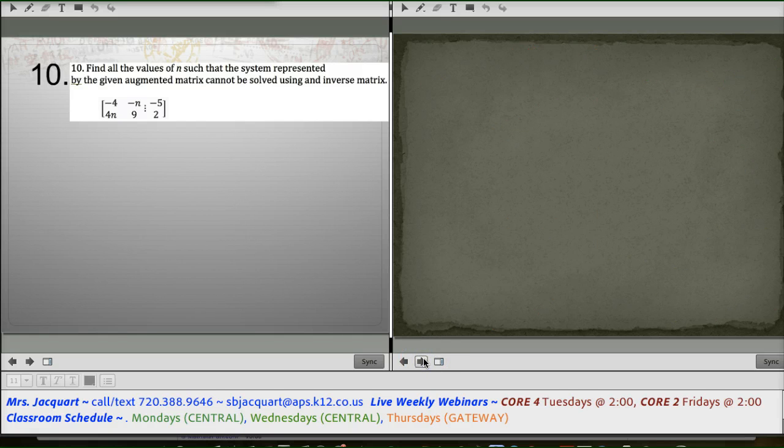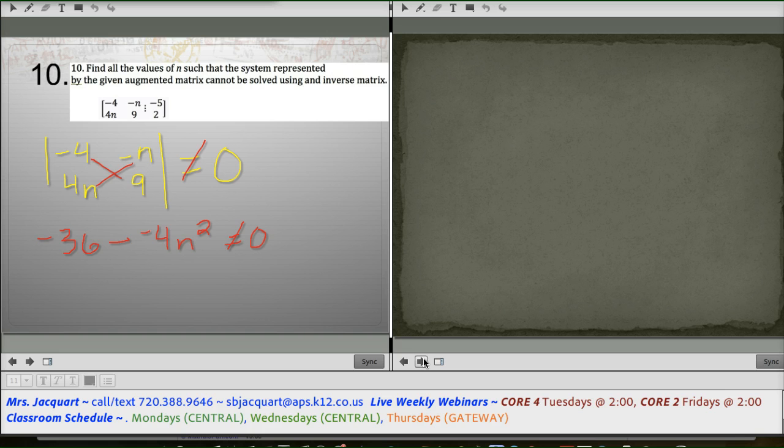Okay, so for this one, if my determinant equals 0, then you can't have an inverse. So we don't want it to equal 0. So then we're going to multiply: negative 36 minus a negative 4n squared cannot equal 0.